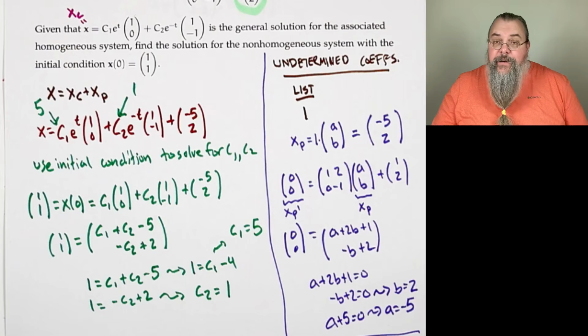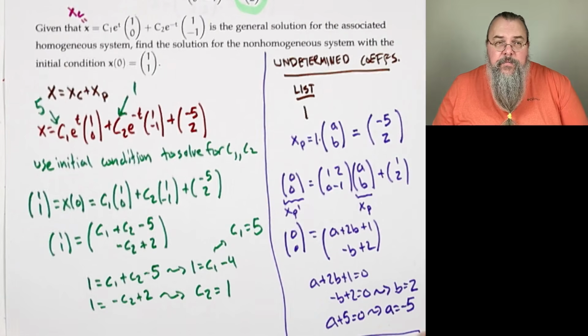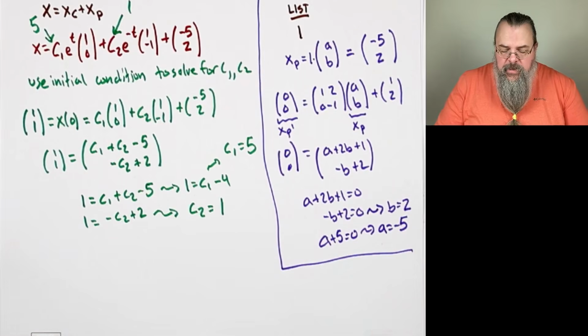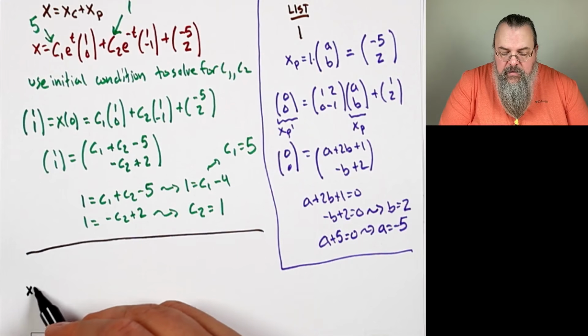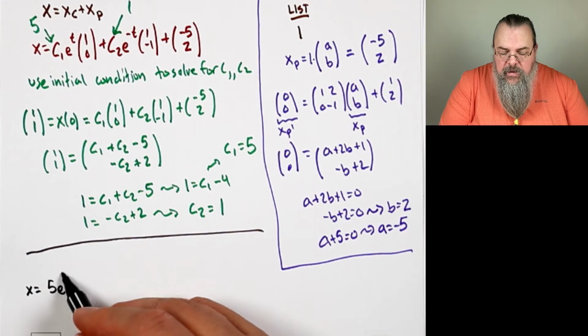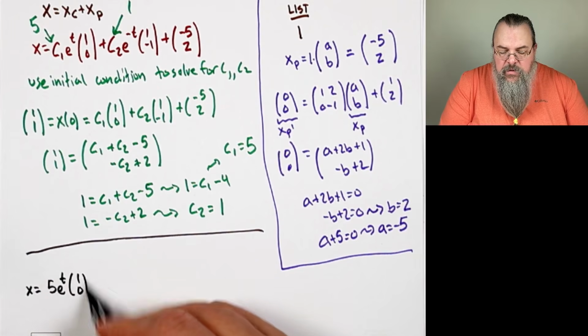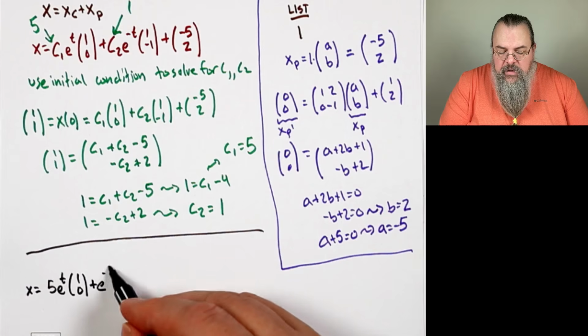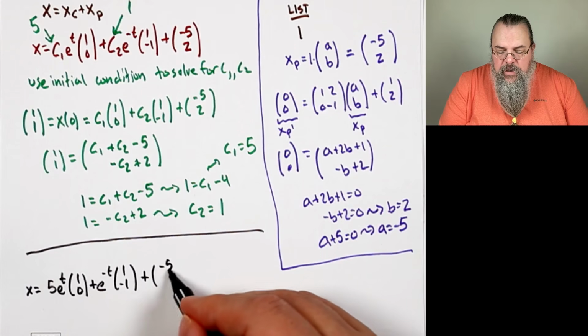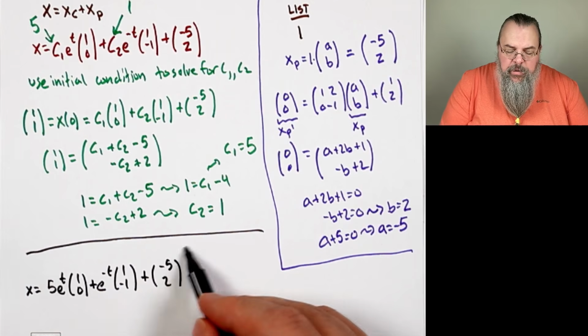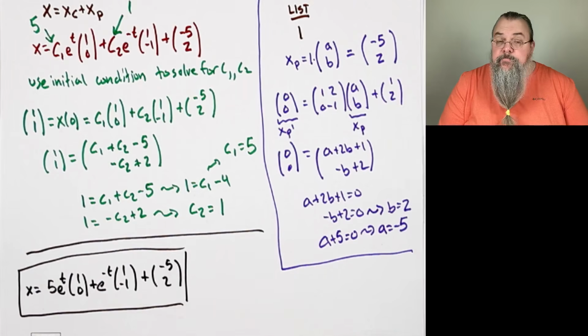We just need to write our final answer. x is 5e to the t times (1, 0), plus e to the minus t times (1, minus 1), plus (negative 5, 2). That's a perfectly reasonable way to write it.